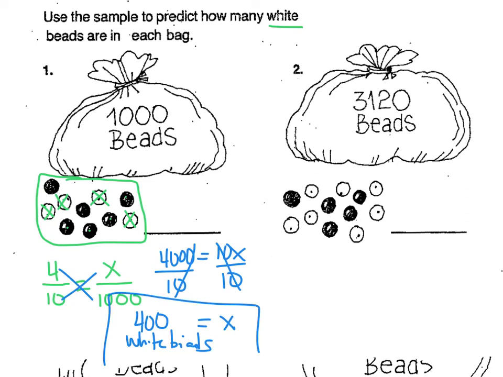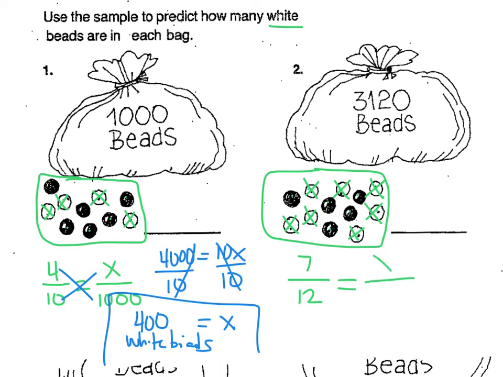Let's do one more example like that. So if we take a look at this sample here, there's 1, 2, 3, 4, 5, 6, 7, 8, 9, 10, 11, 12 total beads in this sample. And 1, 2, 3, 4, 5, 6, 7 of them are white. So 7 white beads out of 12 means there would be how many white beads out of 3,120? So again, we're going to do the cross product.